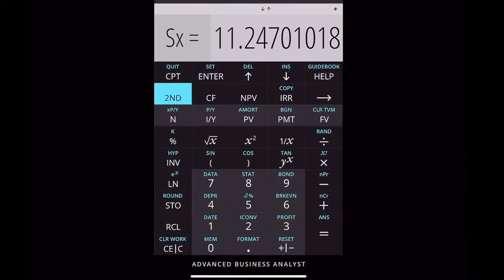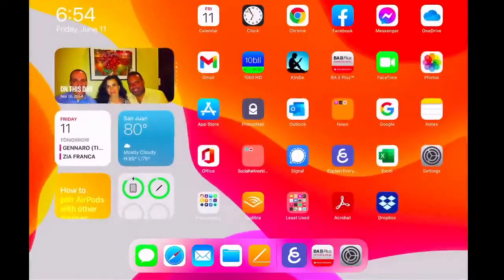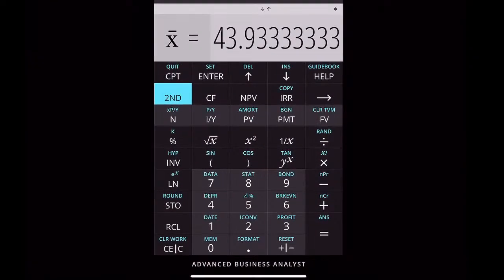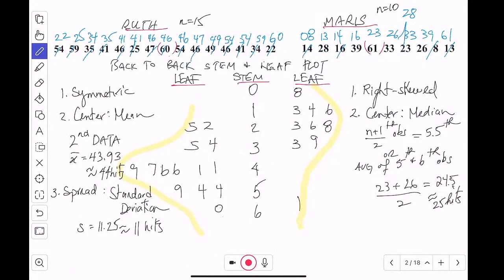So this one's 11.25, and this one was 43.93. It doesn't change anything, just to stick with my rule. So 2, 5, I said. Okay. So that still rounds to 11 hits if I want to round it.